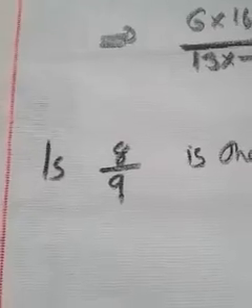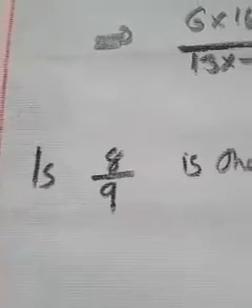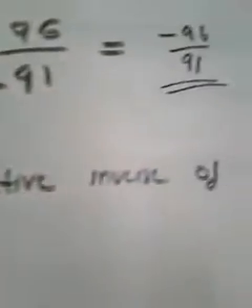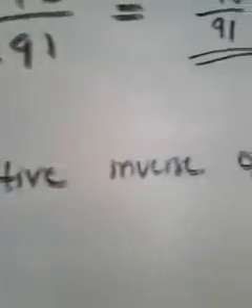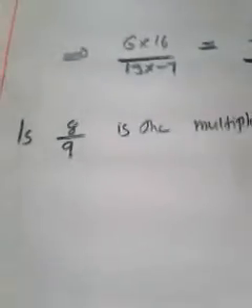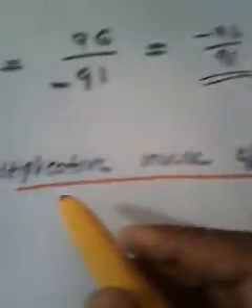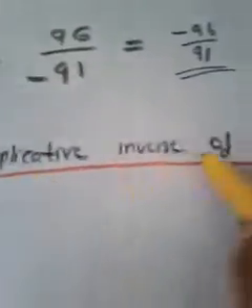The next question is very simple. The question is: is 8 by 9 the multiplicative inverse of minus 1 by 8? I repeat, is 8 by 9 the multiplicative inverse of minus 1 by 8? The meaning of the question is, you calculate the multiplicative inverse of minus 1 by 8. What is the meaning of multiplicative inverse?